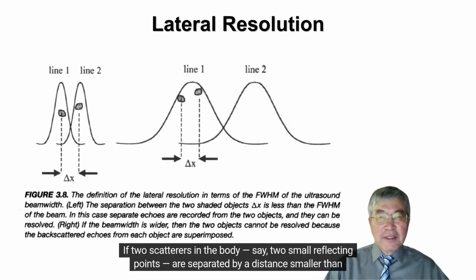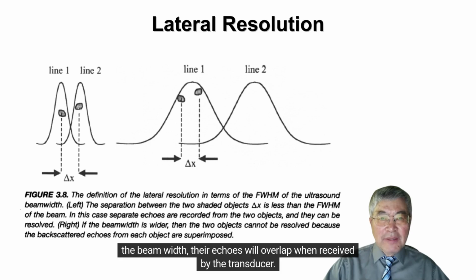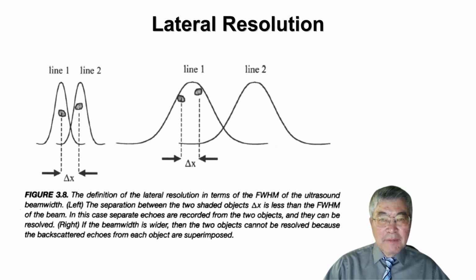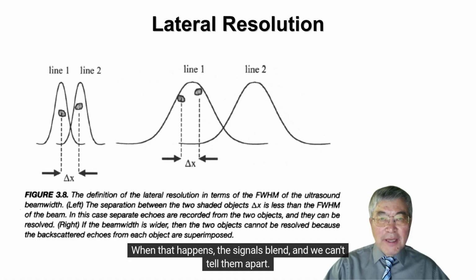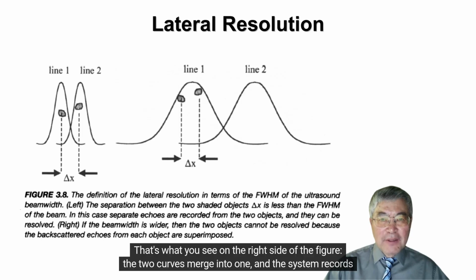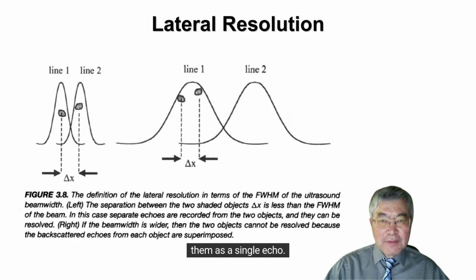If two scatterers in the body, say two small reflecting points, are separated by a distance smaller than the beam width, their echoes will overlap when received by the transducer. When that happens, the signals blend and we can't tell them apart. That's what you see on the right side of the figure. The two curves merge into one and the system records them as a single echo.